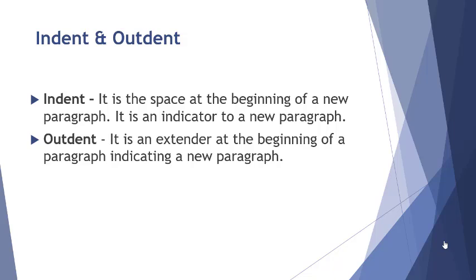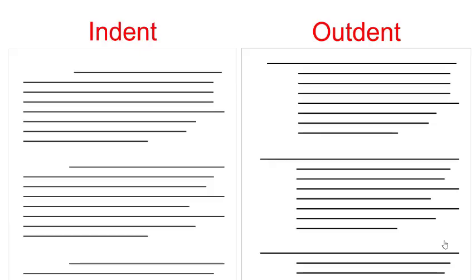Outdent also indicates the beginning of a paragraph. But unlike indent that creates a space, outdent extends beyond other lines of text. Okay, now there is indent and this is outdent. You can see indent, you can see the space here. So that's indent, of course, and this extender here is the outdent.